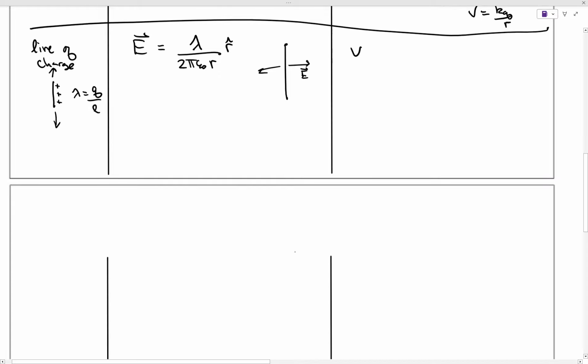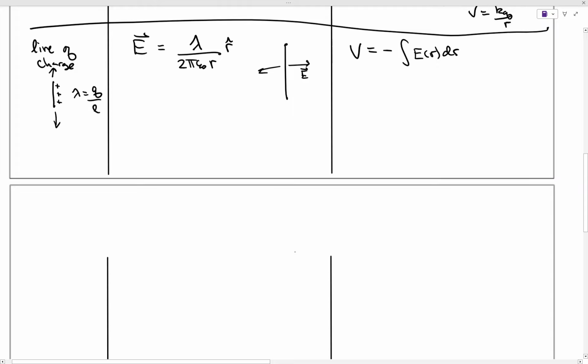What did the potential look like for this? How would we get this? We saw it in lab. We know that it's going to go like integrating E. We can talk about this in a couple of different ways.